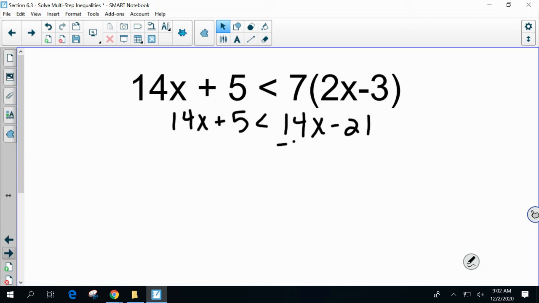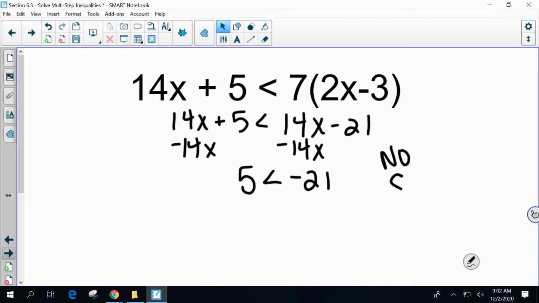So I'm going to just subtract 14x. That knocks out the variable, and I'm left with 5 is less than negative 21. So is 5 less than negative 21? No. So this answer is no solution.